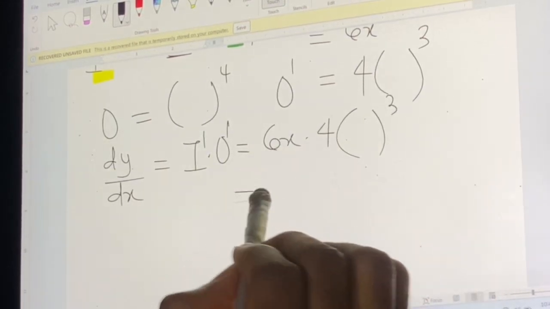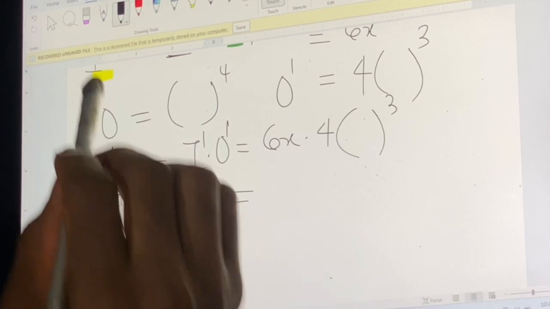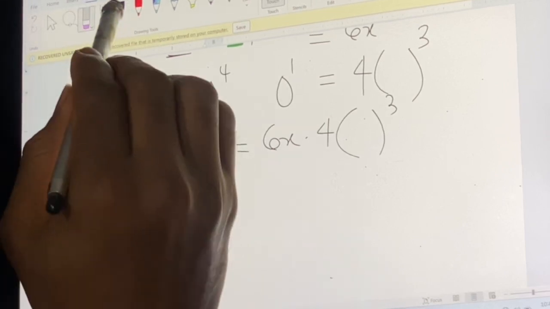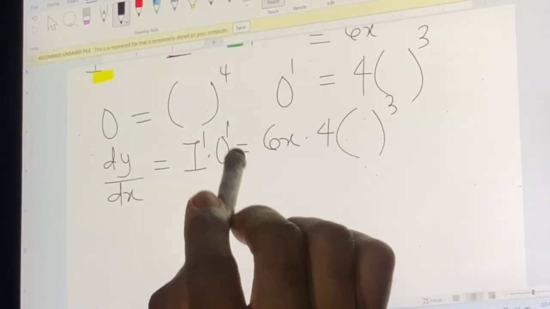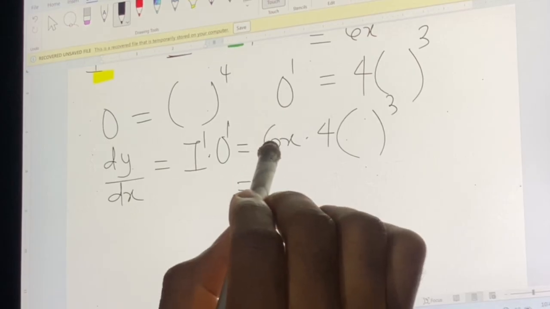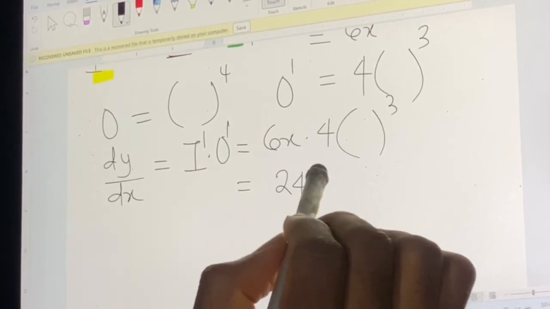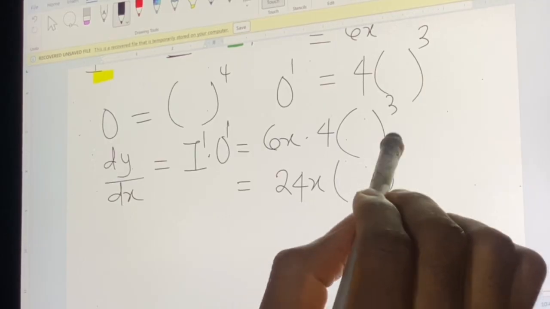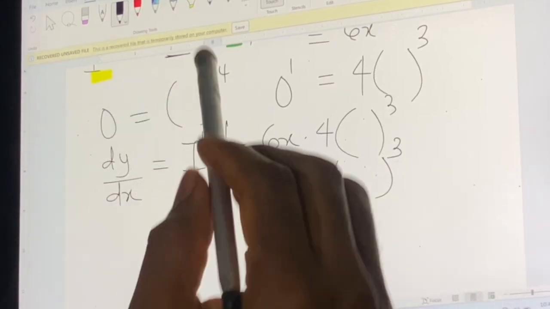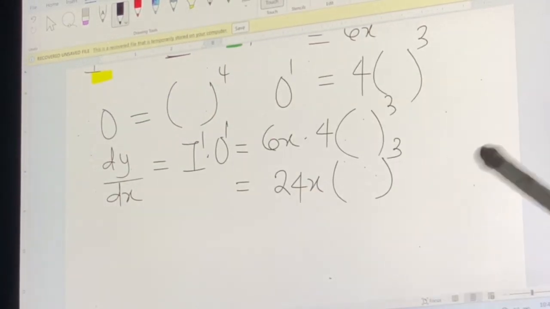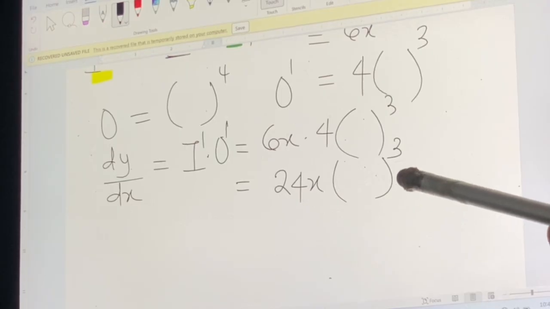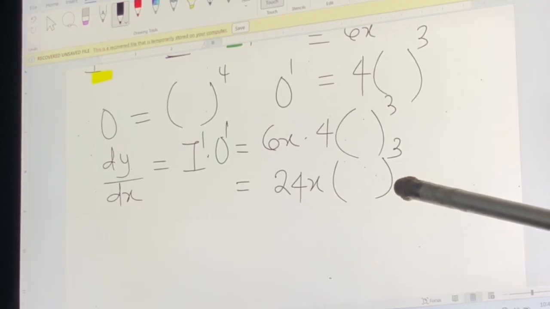Please take note. When you multiply 6s times 4, it will give us 24s bracket open and close raised to the power of 3. Class, whenever you have brackets in a power, you don't expand that particular bracket.